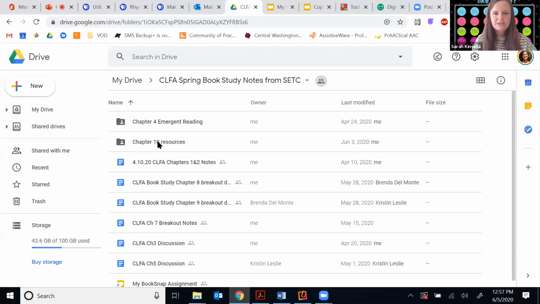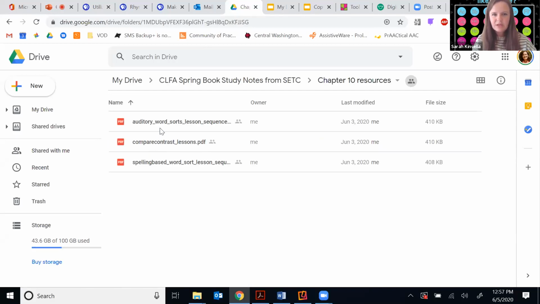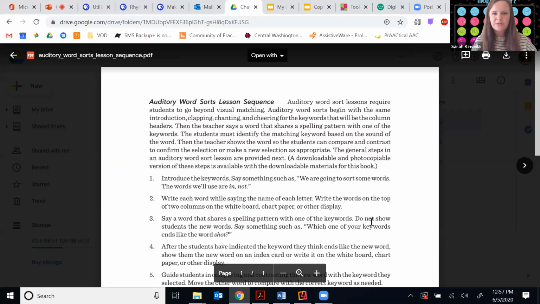In our folder, Chapter 10 resources, these are the downloads from Brookes Publishing. In the beginning of the book, there's a page called About the Downloads, where you can find a few sample lesson plans, some flowcharts. One of them is about the auditory word sorts lesson that we talk about in this chapter.